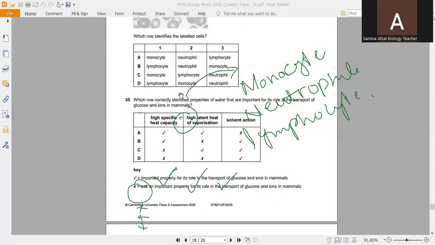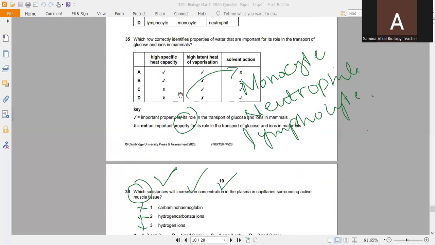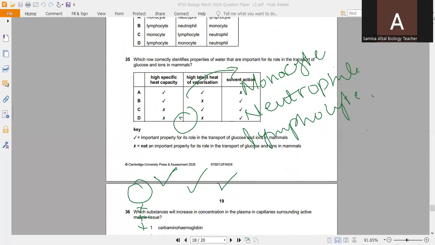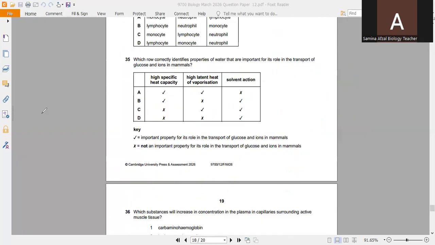Question number 35 is there, and question number 35 is: which row correctly identifies properties of water that are important for its role in the transport of glucose and ions in mammals? So: high specific heat capacity, high latent heat of vaporization, and solvent action.